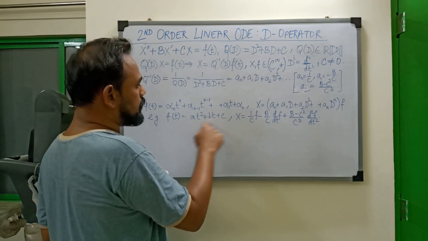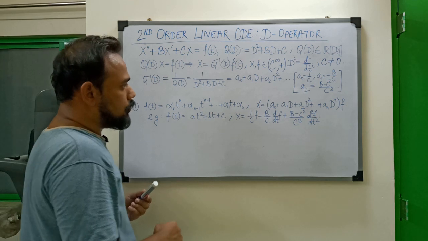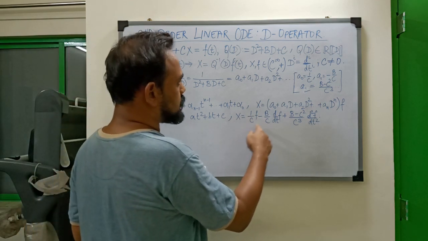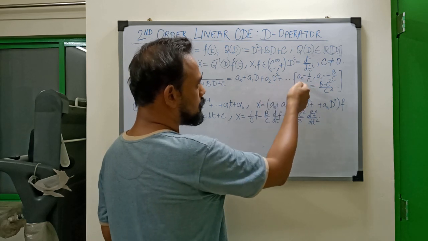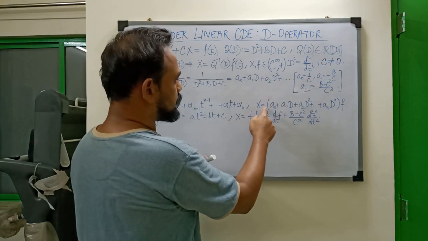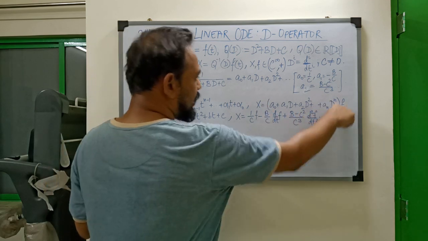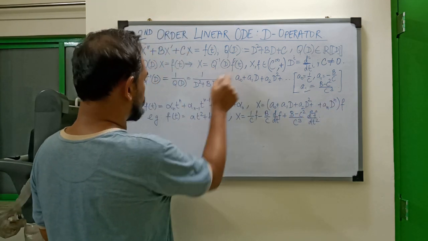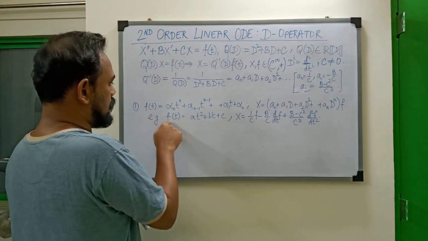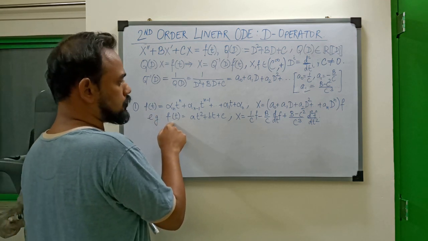When the input is a polynomial of degree 2, we said that we did not need to calculate any term beyond A2, because after all, x was given by the action of this Q inverse D on F of t, the input.